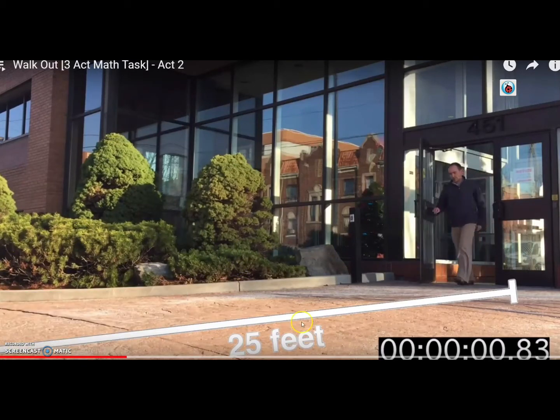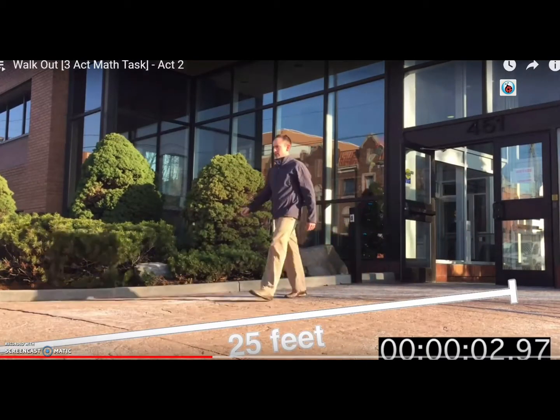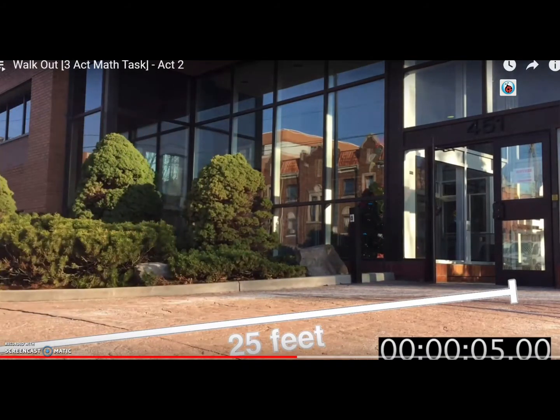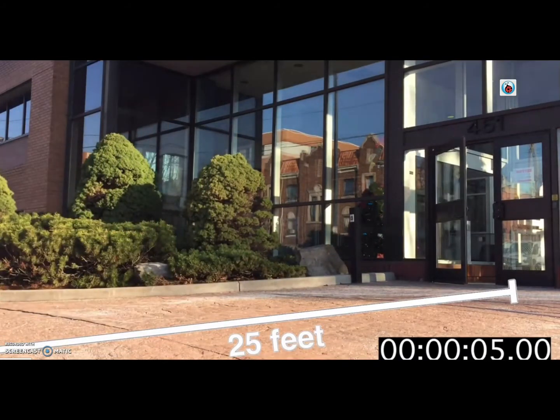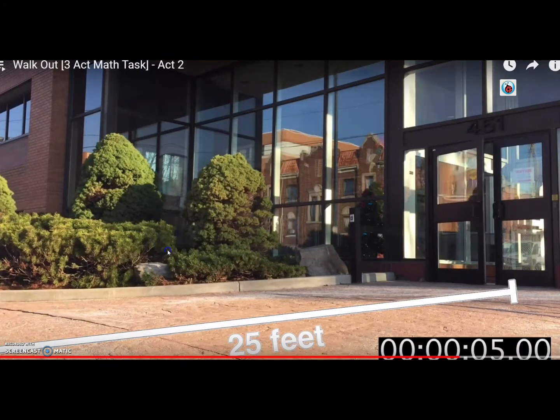So he's walking from the building. Okay. So what we noticed, he walked 25 feet and it took him 5 seconds. Okay. So we have a distance parameter and we have a time parameter.